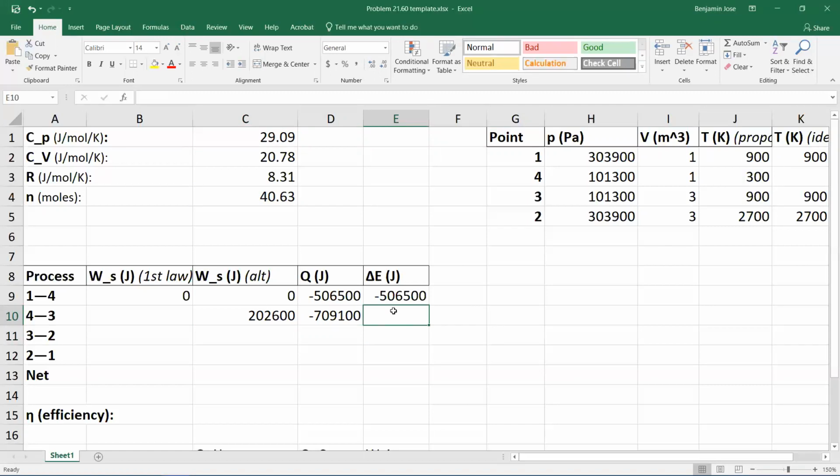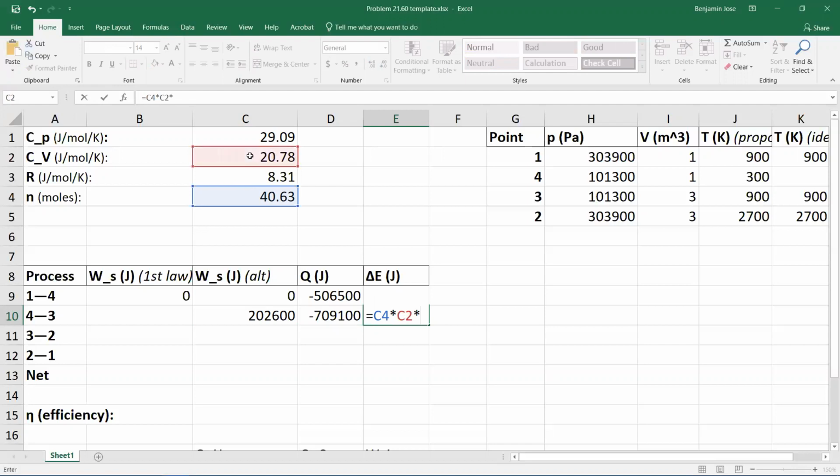The change in energy. Well, we've gone from one isobar to another. We went from the 300 Kelvin isobar to the 900 Kelvin isobar. And that means the energy increased, and we can always use CV to find that for an ideal gas. Number of moles, even though this was not a constant volume process, we can still use the definition of constant volume heat capacity, n CV times the change in temperature.